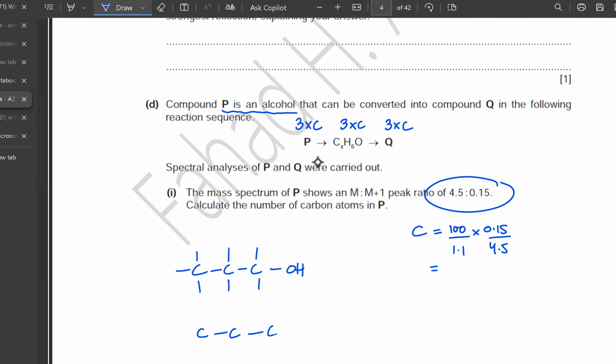Okay, so is this clear? Those are the only two possible 3 carbon atom alcohols. Is this clear? Yes, sir. So now tell me, this is P. How many environments? 4 environments, right? So which one is it, this one or this one?